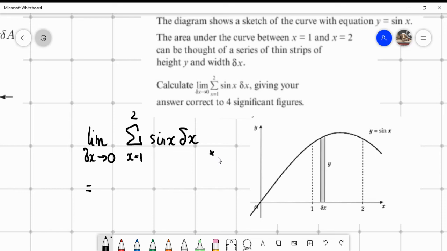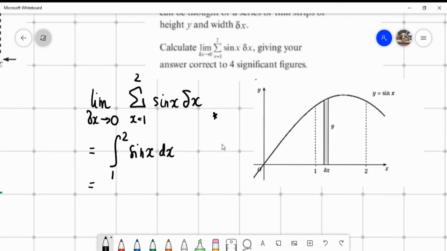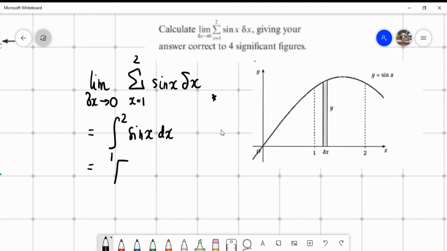This is our definition of the integral. So we are asked to find the value of the integral of sine of x dx between the limits 1 and 2. Sine integrates to minus cos x, between the limits 1 and 2.